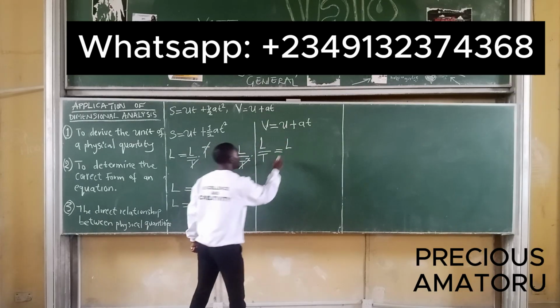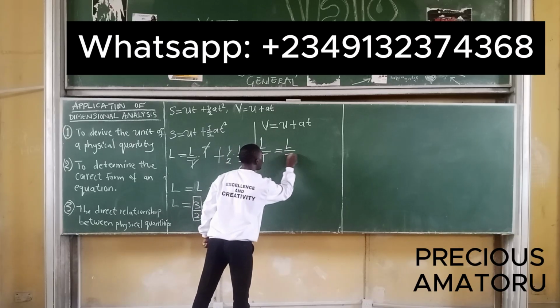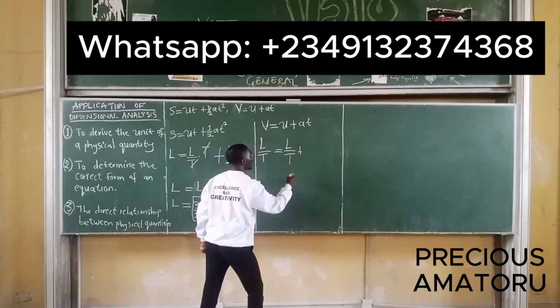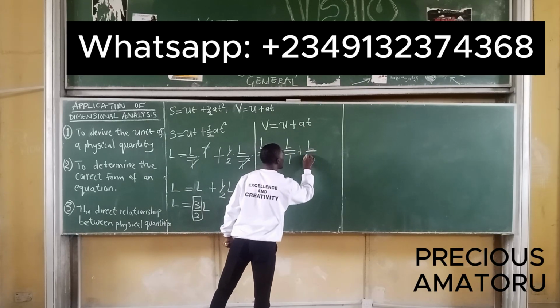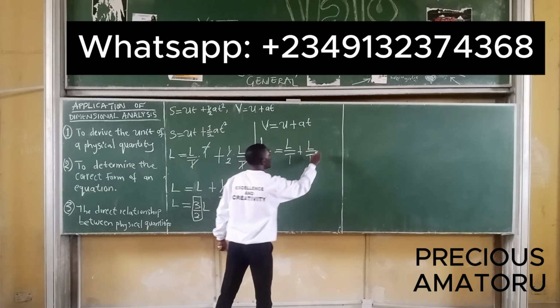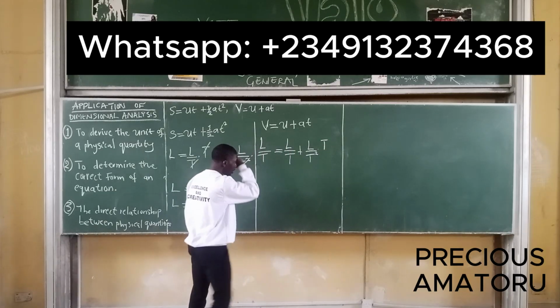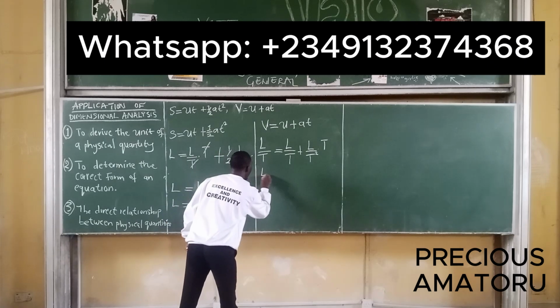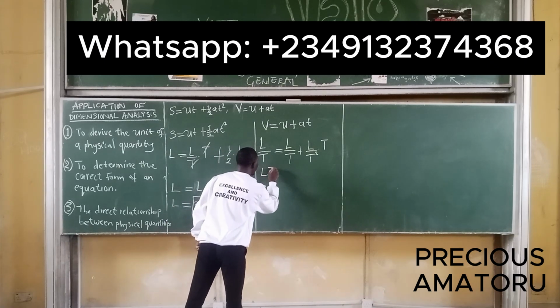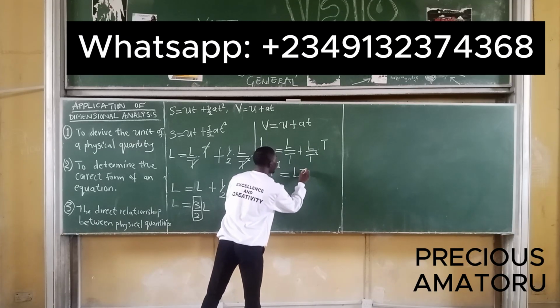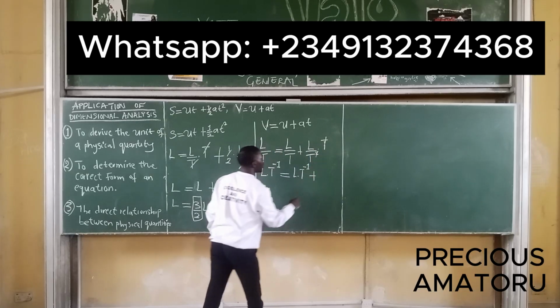What we have here is velocity, L all over T. What we have here for acceleration, we have it as L all over T squared multiplied by T. Now, simplifying this, we have that L multiplied by T to the power of -1 is equal to L multiplied by T to the power of -1 plus this will cancel this.